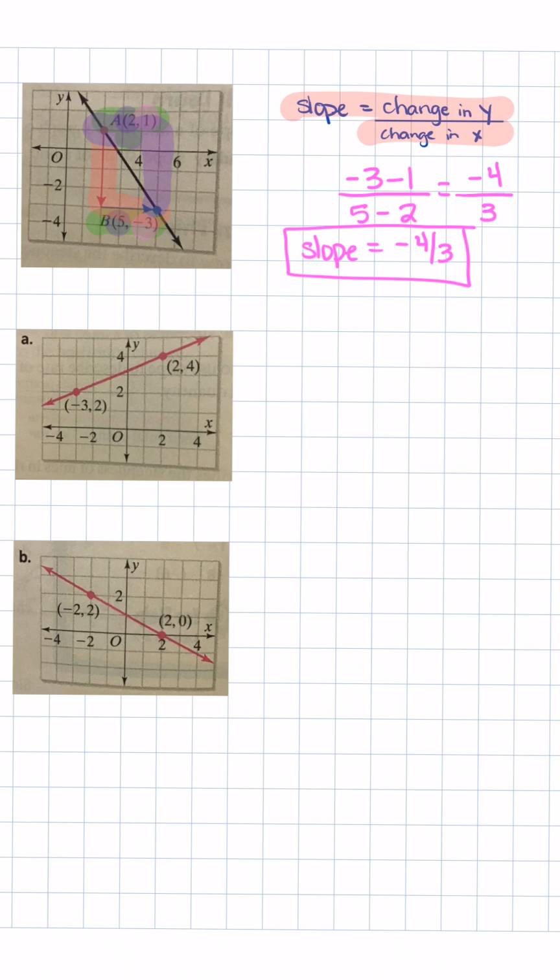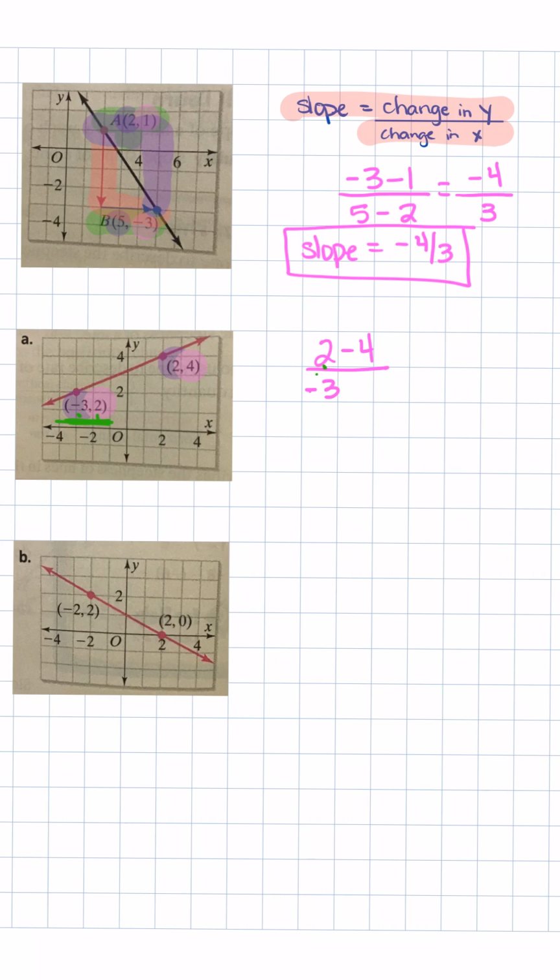Okay, so this second one, x, x, y, y. Y is on top. So we're going to go 2 minus 4 over, and always do, so I started with this one, so I want to start with that one on both. See, the 2 is the first number, so that means the -3 needs to be the first number.